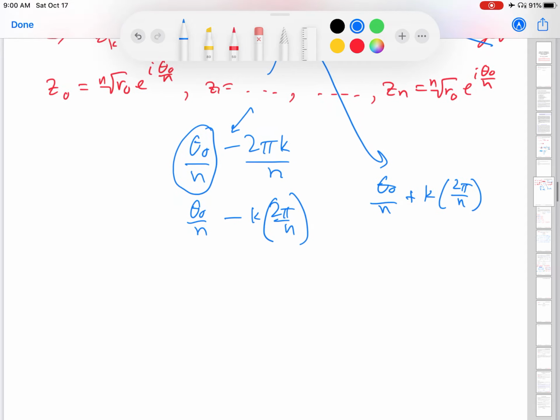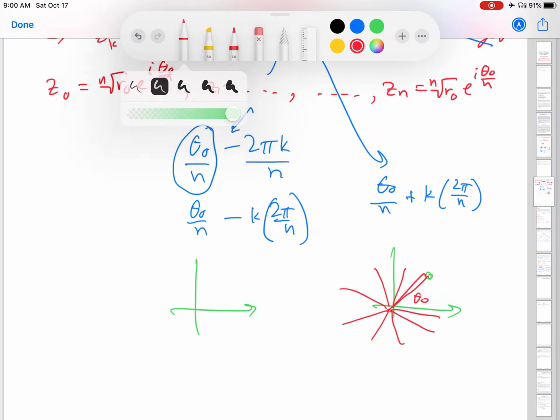So geometrically speaking, in this scenario, wherever the point was, and you had a theta sub 0 angle that corresponded to it, you were adding multiples of 2 pi over n. And then eventually you get back to the same place. Notice what I just did there is I went this way, counterclockwise, right?